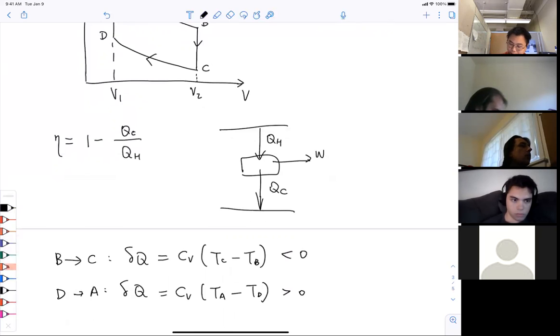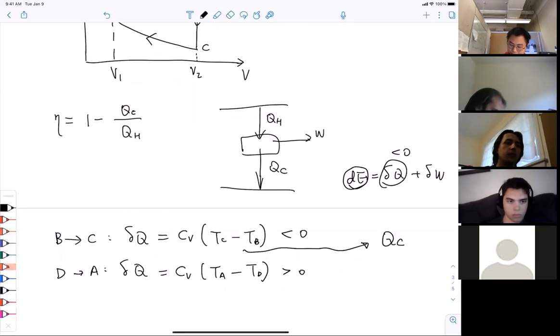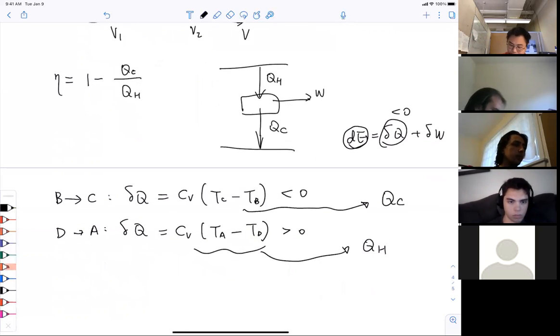Because this delta Q is in dE, if this is negative, it means your internal energy is decreasing, and decreasing means it's giving energy to the environment. So this corresponds to QC, and this corresponds to QH. By the way, QC is the absolute value of this.